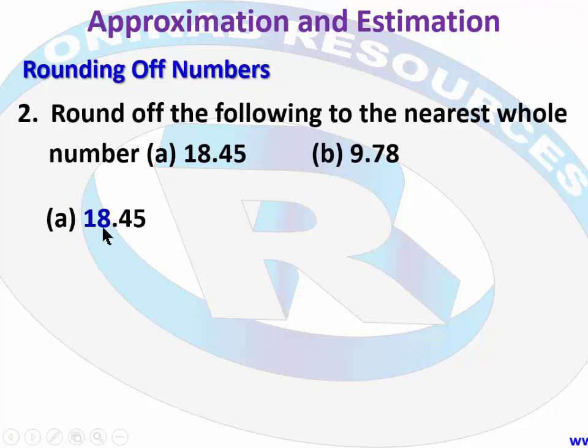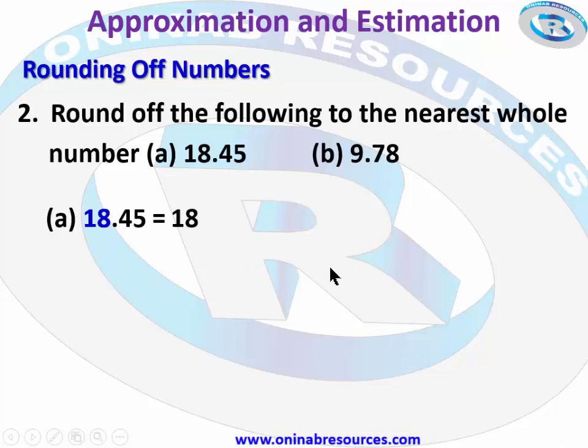So we are interested in only the 18. But before we go, we check the next digit after 18. Since it is 4, we are rounding it down. The 4 will be rounded down, meaning it will not have effect on this 18. So we have 18.45 to the nearest whole number as 18. And that's all for A.